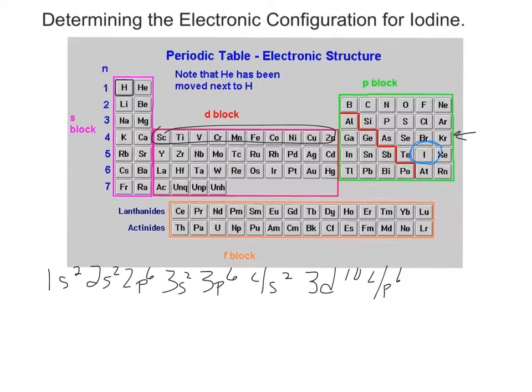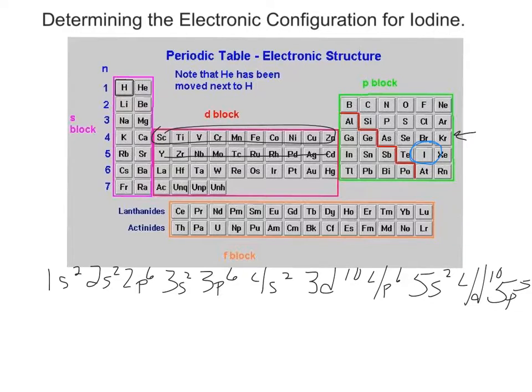Now I'm getting into the row that I'm at. I've got 5s2, I've got all of these guys here, so there's another one. 5 minus 1 is 4, 4d10. And then I've got 5p, 1, 2, 3, 4, 5, 5p5. And that would be the complete electron address for iodine.